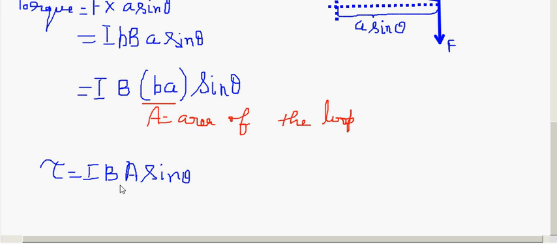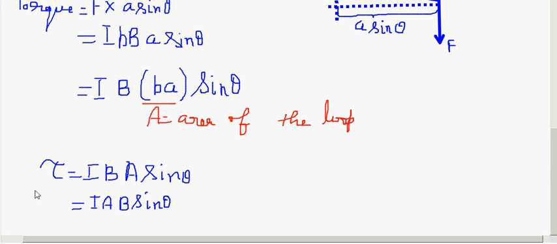Or I can write it as I into A into B sine theta. If the loop has n turns, you have to multiply this equation by n.